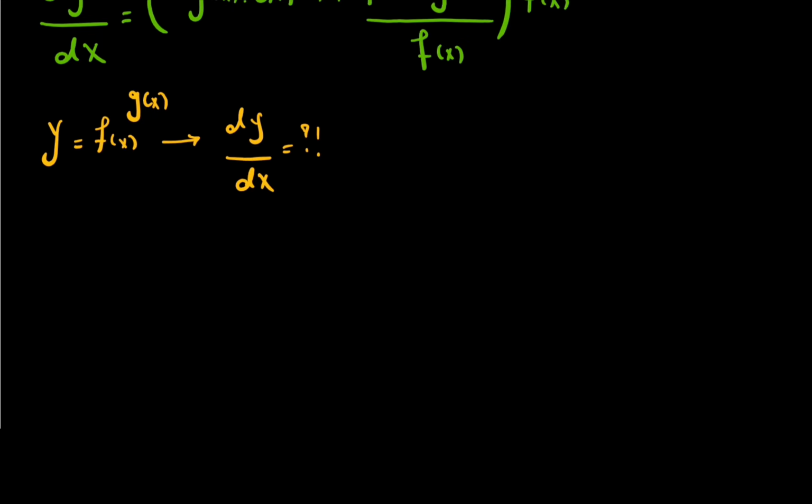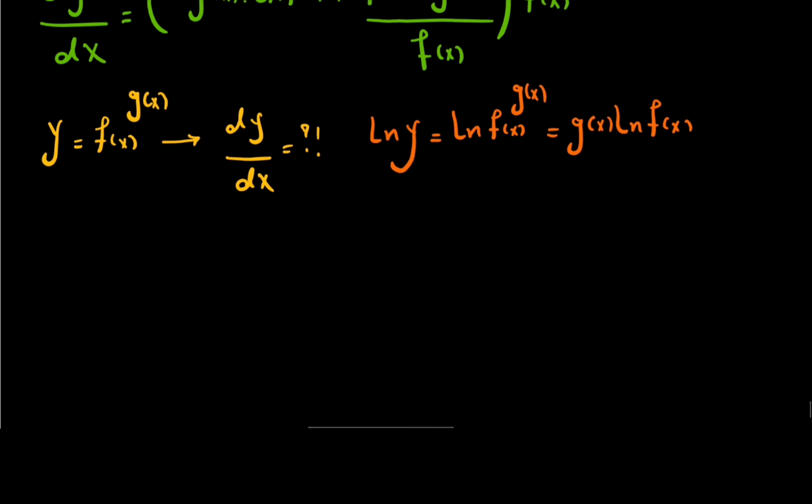Again, I put ln behind this equation, so on the left side you can write ln y, on the right side you can write ln f(x) to the power of g(x), and again you can write it as g(x) times ln f(x). Let me write it again: ln y equals g(x) times ln f(x).